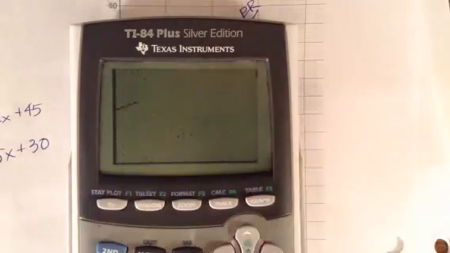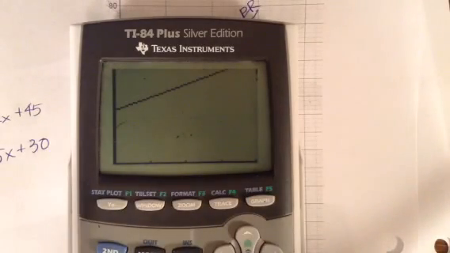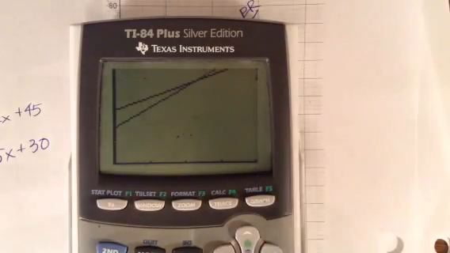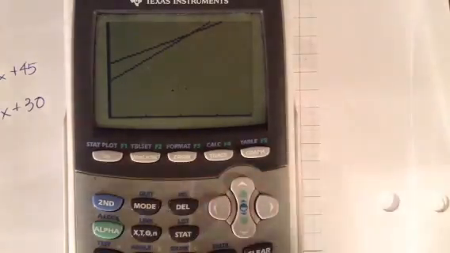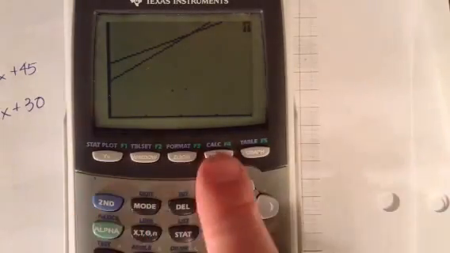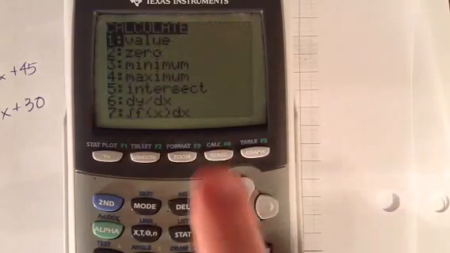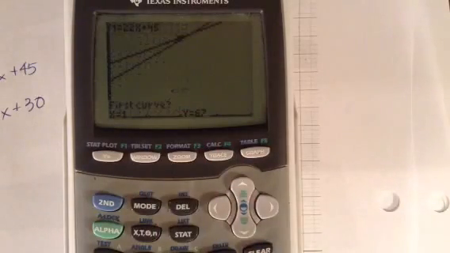And if I press graph, you're going to have a pretty good picture of it. But that's not why I need it. I need to do my magic keystroke. You remember what it is? It's second, trace, and we want the intersect. Let's go 5 and hit enter. How many times? 1, 2, 3.